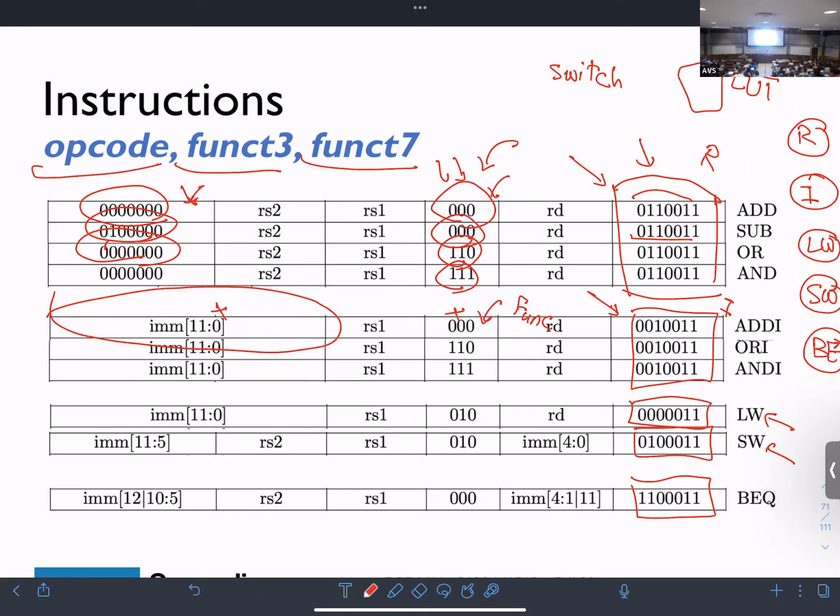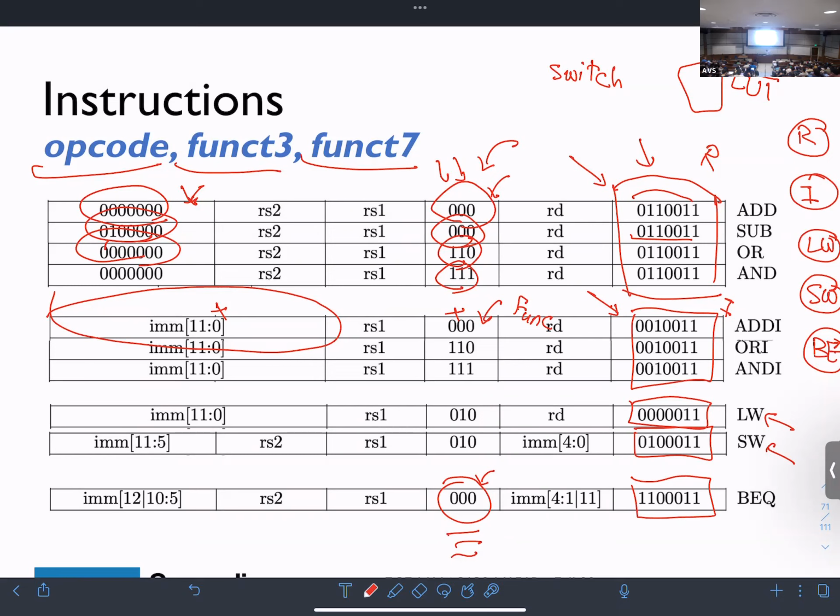Actually, for branch, we do care, because there is branch equal, branch less than, and all those things. So you will see there's another func3 for branches, which in this case, since we only have 1 branch instruction, we don't care about. But if you have multiple of those, then we have to look at this func3 as well. Okay, is it clear why we are using func3, func7, and opcode? Any questions here?